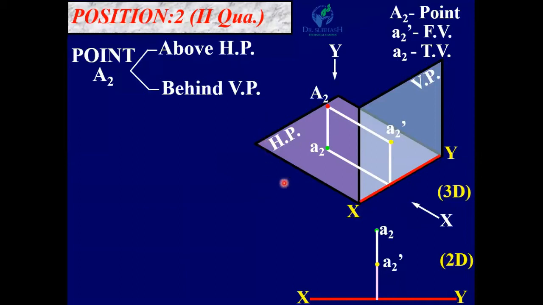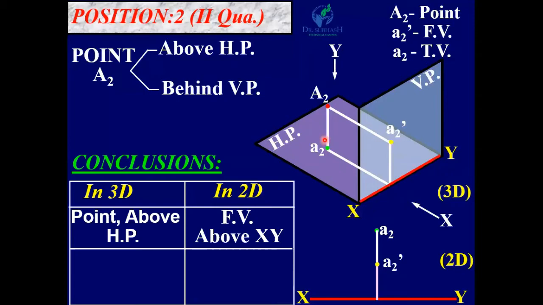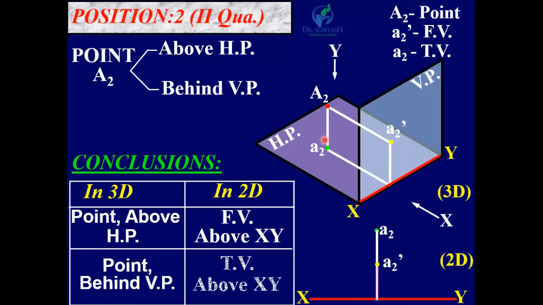If the point is in the second quadrant, both the front view and the top view are above the XY line, and the distance of a2 is equal to the distance of the point from VP. Conclusion: in 3D, the point is above HP, so the front view is above XY; the point is behind VP, so its top view is above XY. So in the second quadrant, both views are above the XY line.